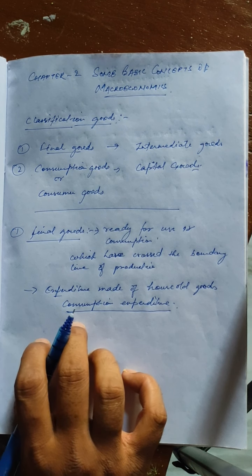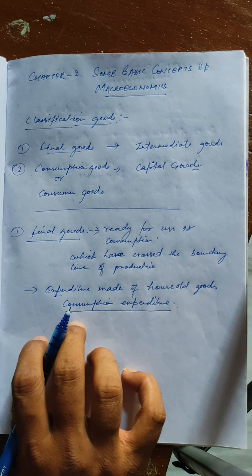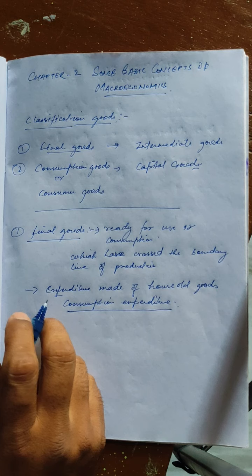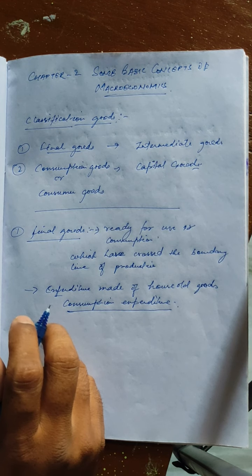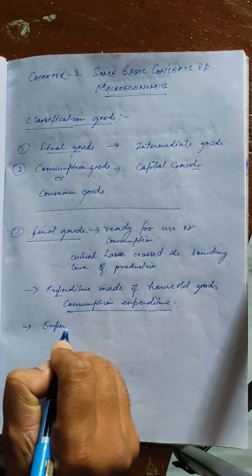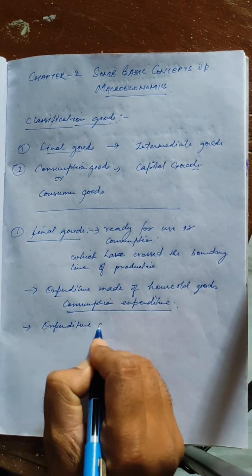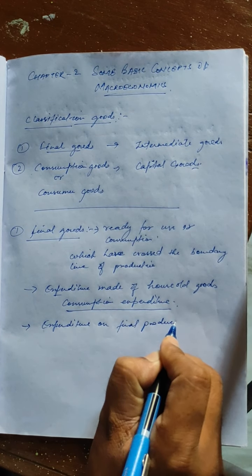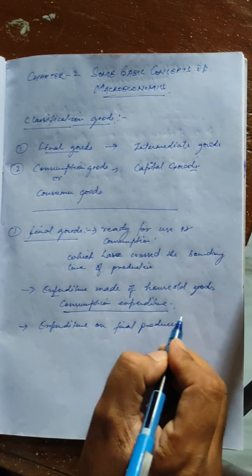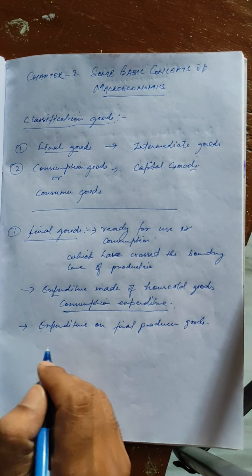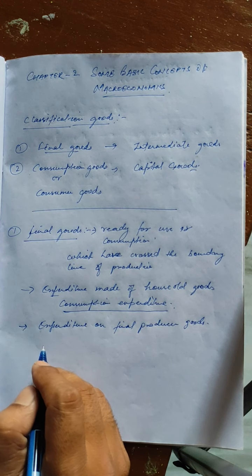So whenever you are consuming any good at home or for your personal use, that will be known as consumption expenditure. And if you are spending on final producer goods, then this will be known as investment expenditure.